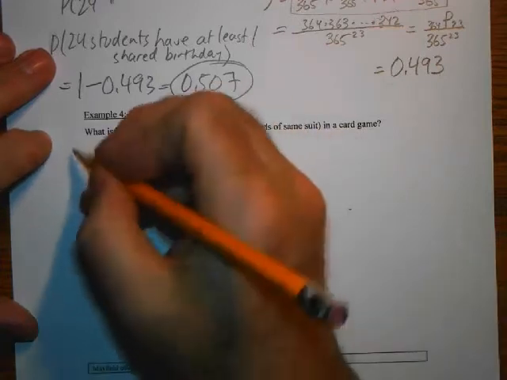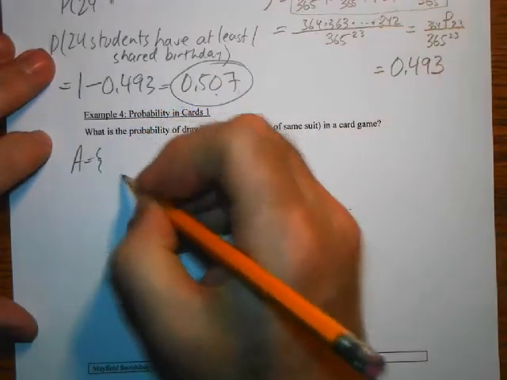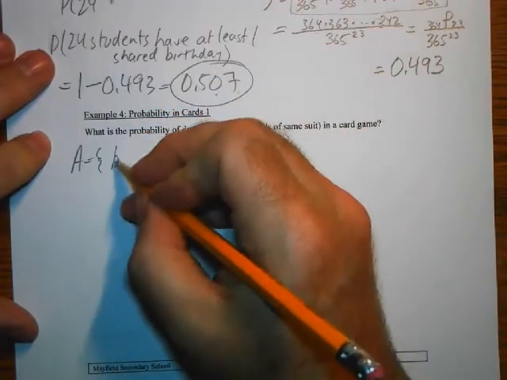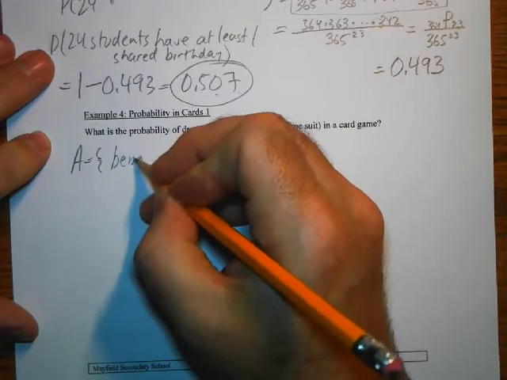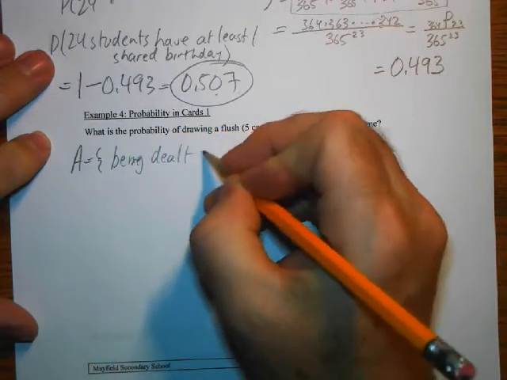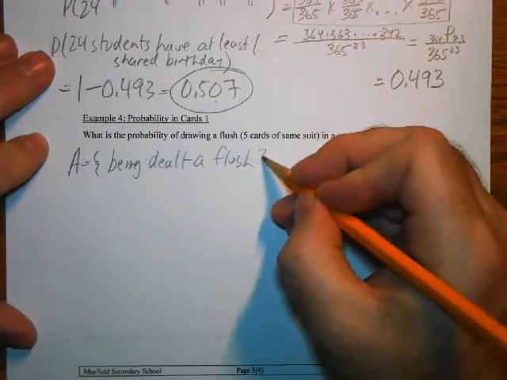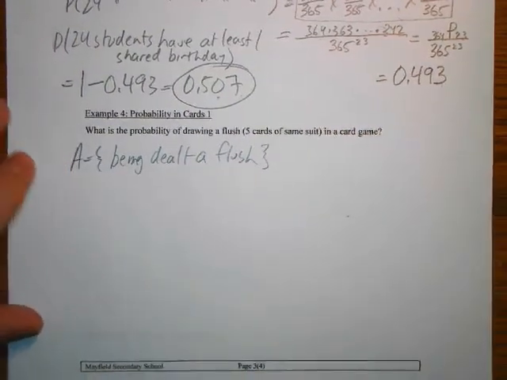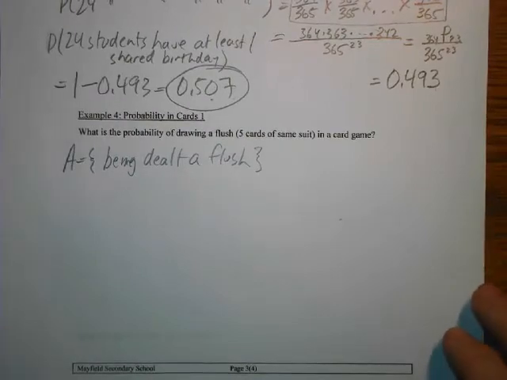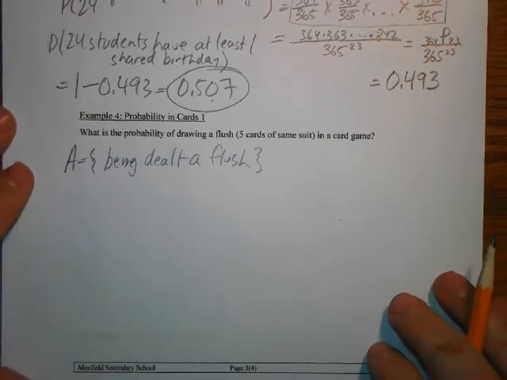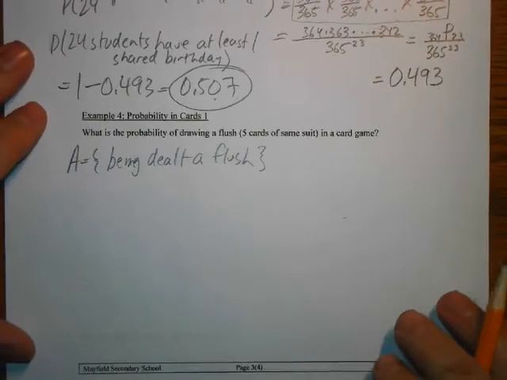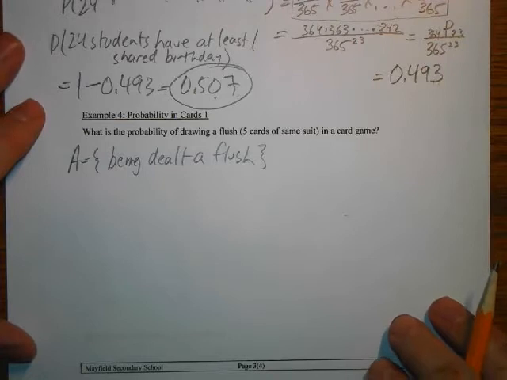So we're going to define our event A as being dealt a flush, or drawing a flush. So basically it means that all your cards are the same suit. Like they could all be clubs, they could all be spades, or they could be diamonds, but you'll have no other cards of a different suit, obviously.